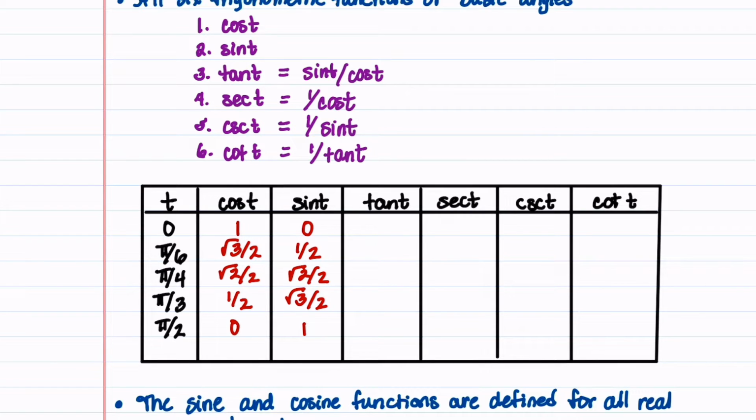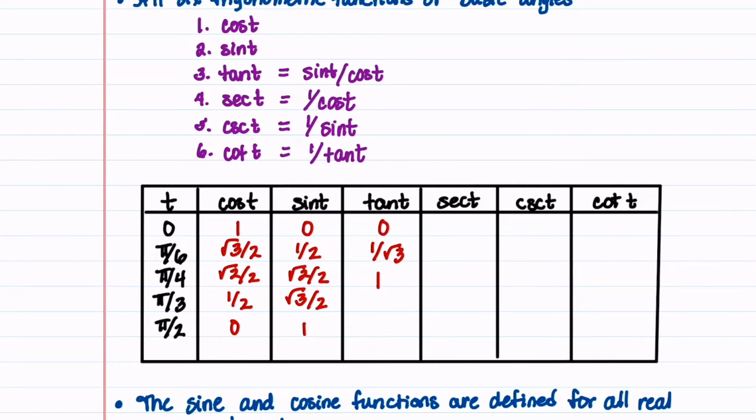Let's now find values for tangent t. Tangent is sine divided by cosine, so 0 divided by 1 gives us 0. For pi over 6, 1/2 divided by root 3 over 2 gives us 1 over root 3. For our next point, our value is going to be 1.